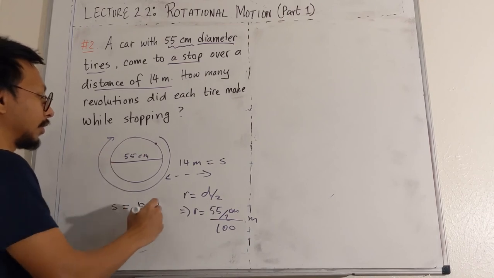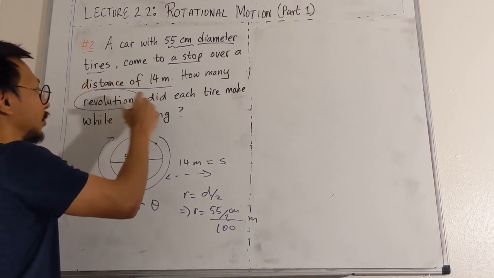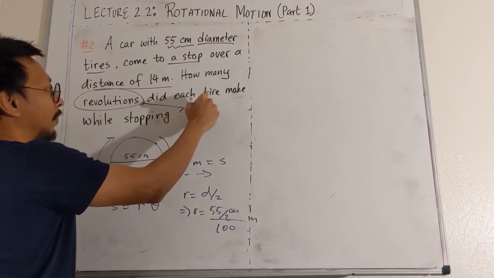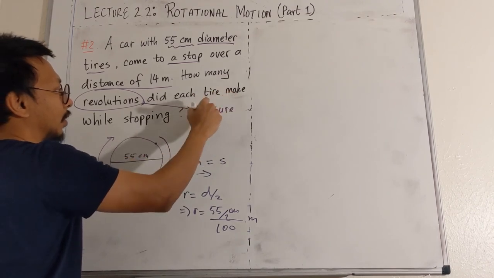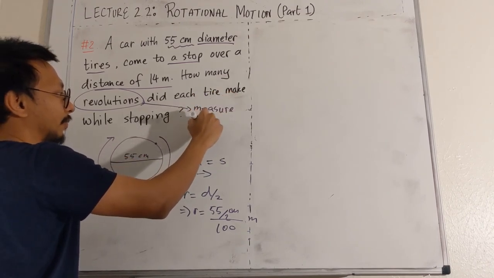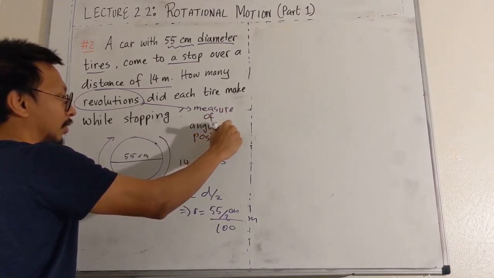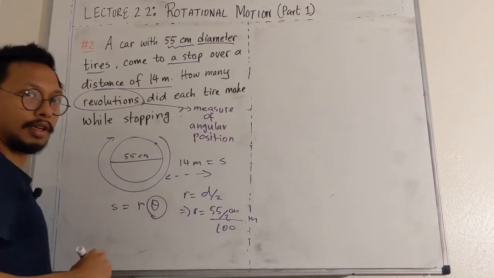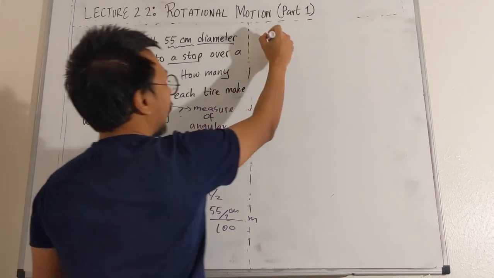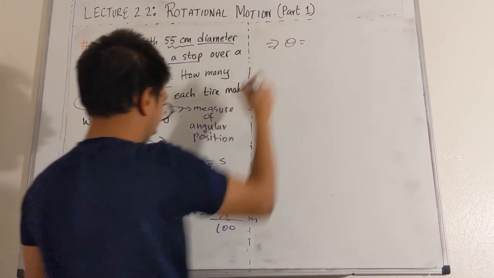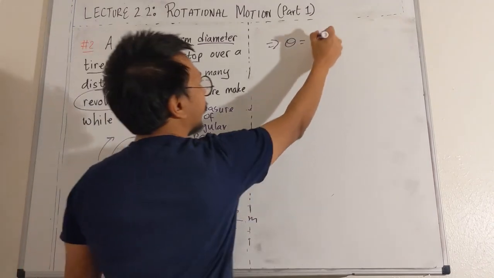The target is revolutions, which is a measure of angular position, so theta is our target. Then theta is equal to S over R.